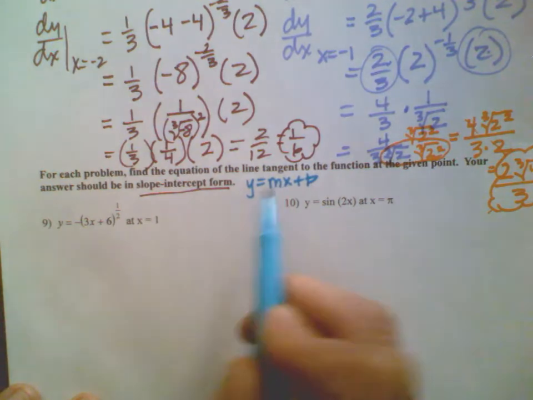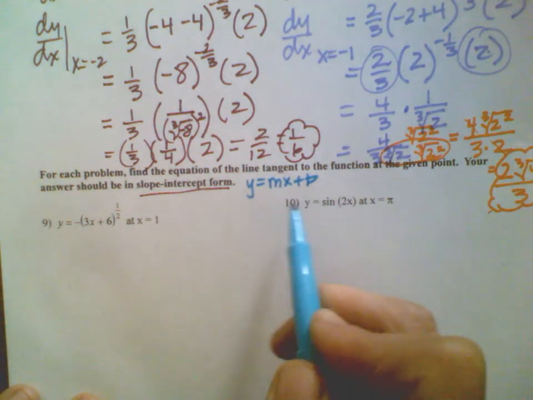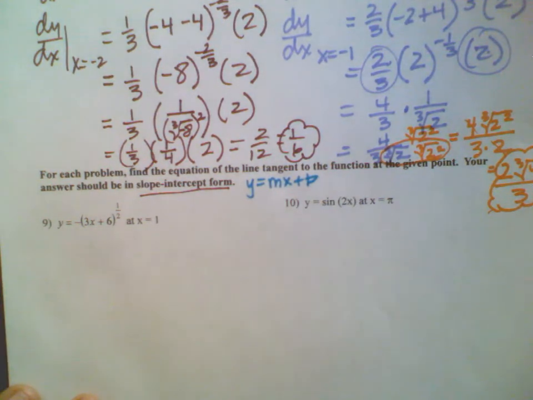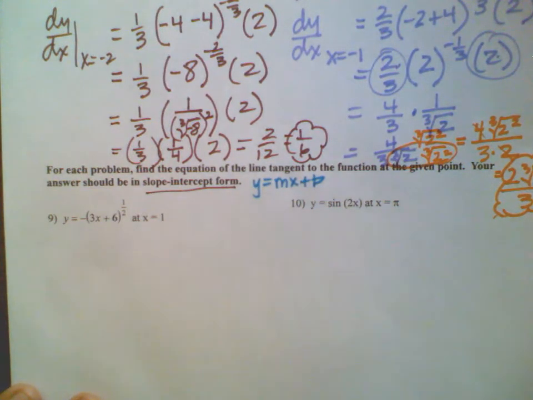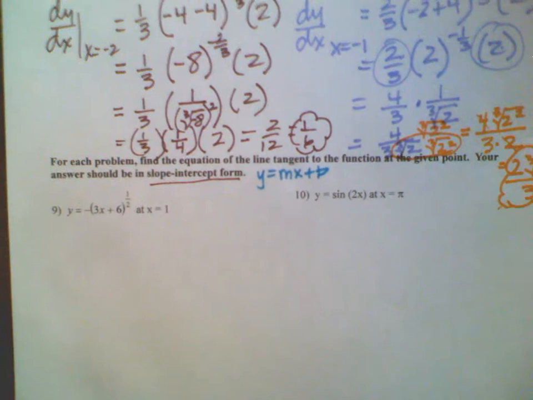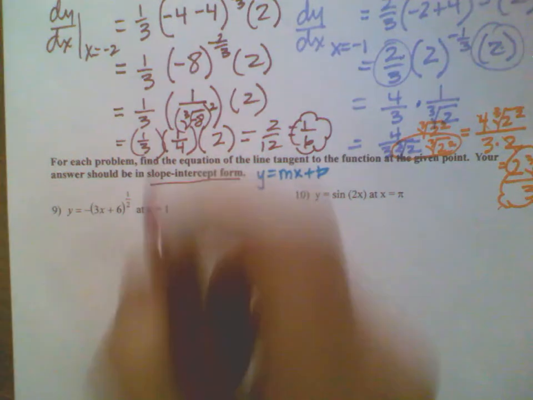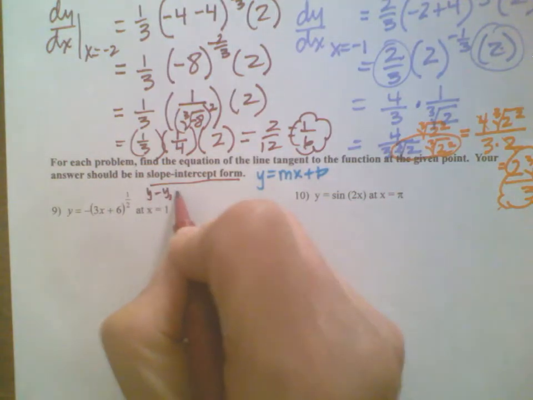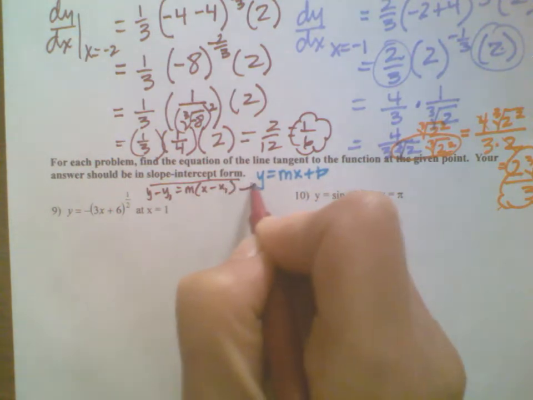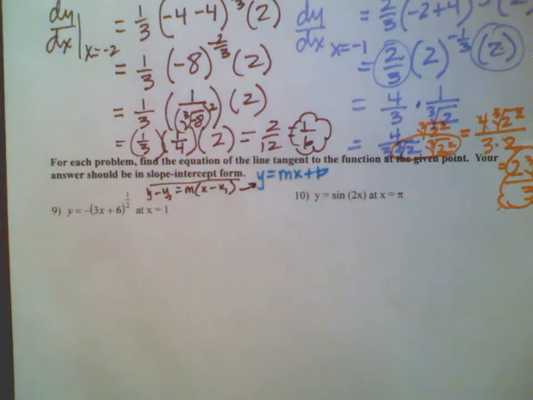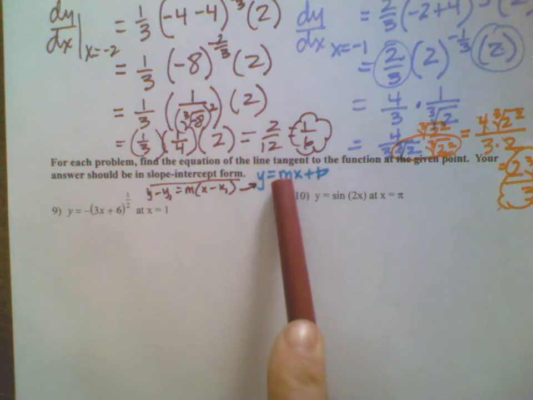I'm still going to use y minus y1 equals the slope times x minus x1, like we did in the previous video, and then I will rewrite it to get it in this form.